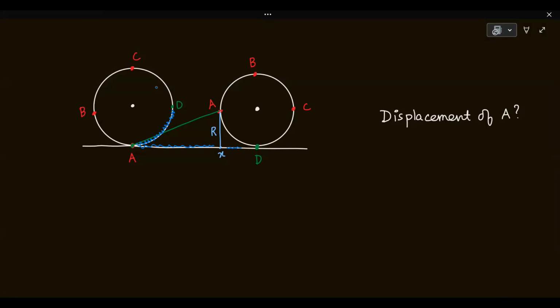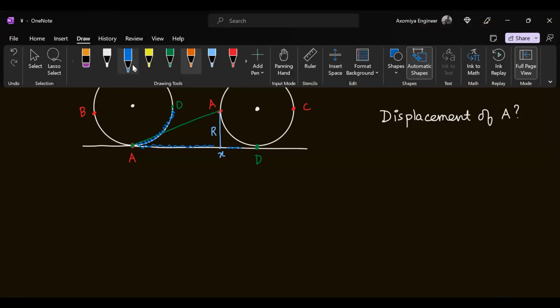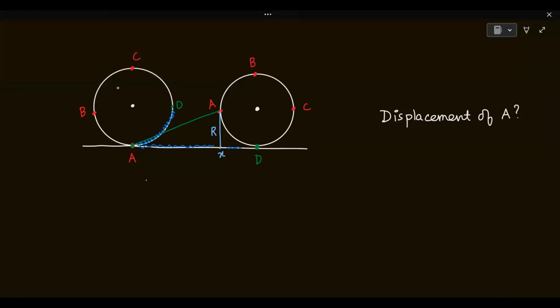But the wheel and the road were in contact. So the length of the road that was covered between A to D will be the same along the wheel as well as along the floor. Yes or no? A to D distance. Tell me if we know A to D. Tell me the length of A to D.